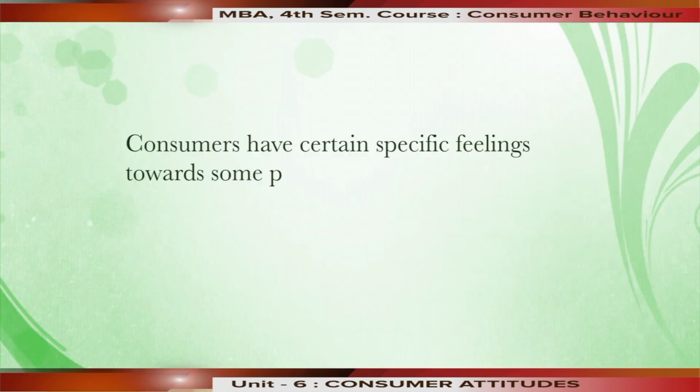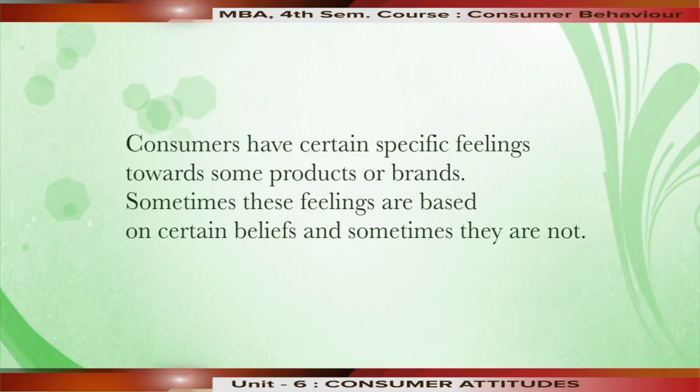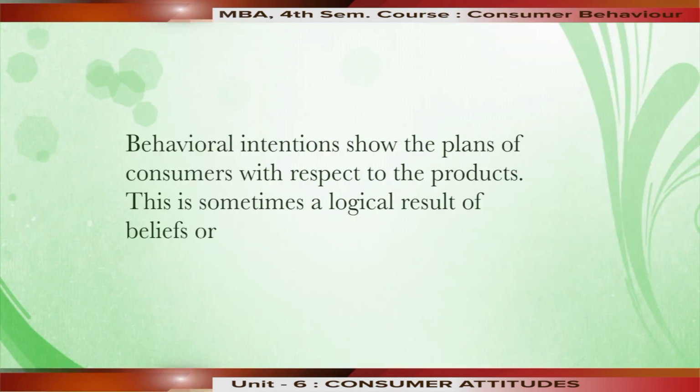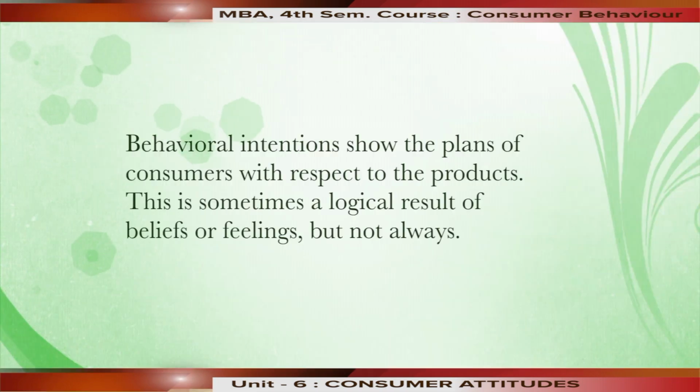Then the second component is feelings. So consumers have certain specific feelings towards some products or brands. Sometimes these feelings are based on certain beliefs and sometimes they are not. Then the third component is our behavioral intention. So behavioral intention shows the plans of consumers with respect to the products.